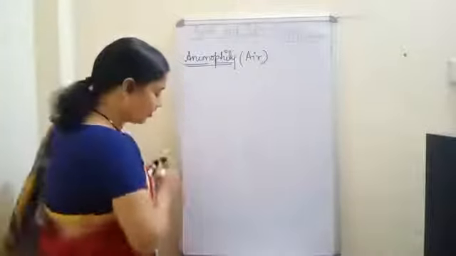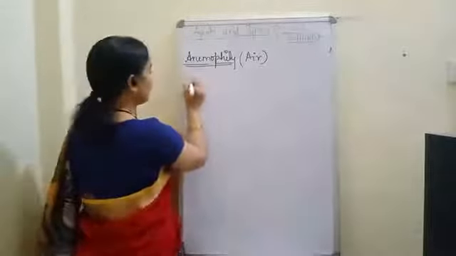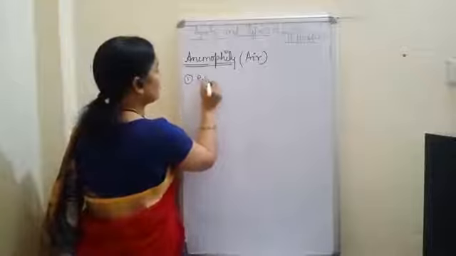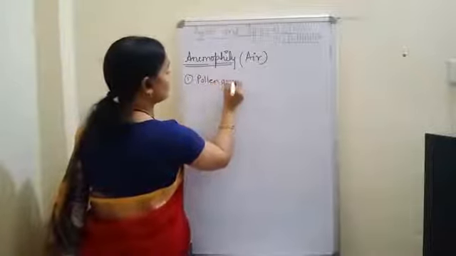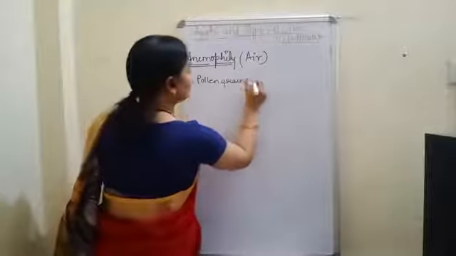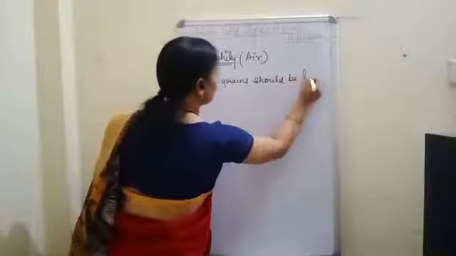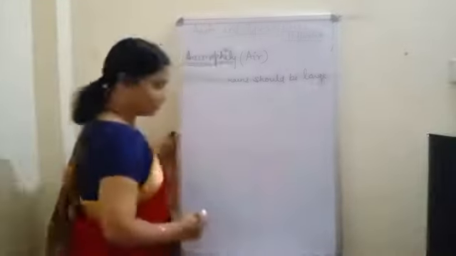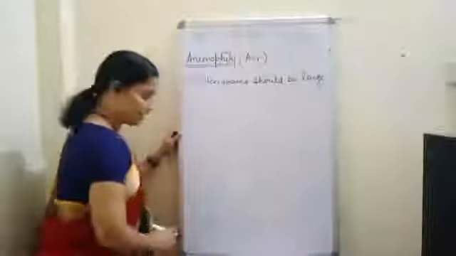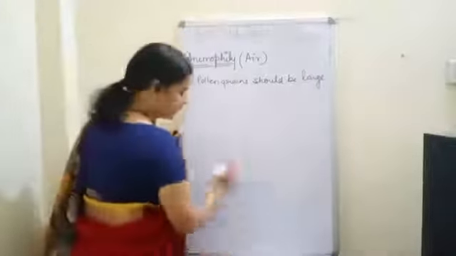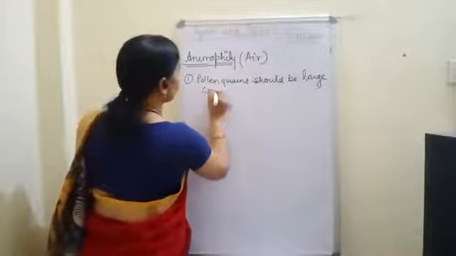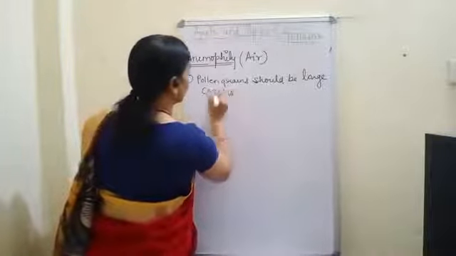Now the first point in this case is that pollen grains should be large. Note down this point, okay? It should be large. And the example is cannabis.